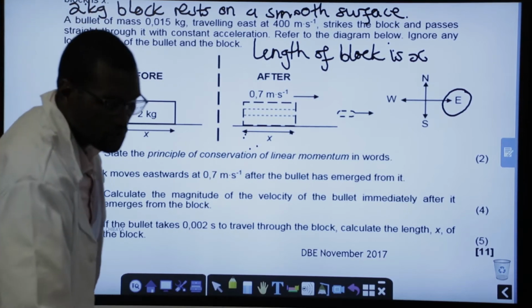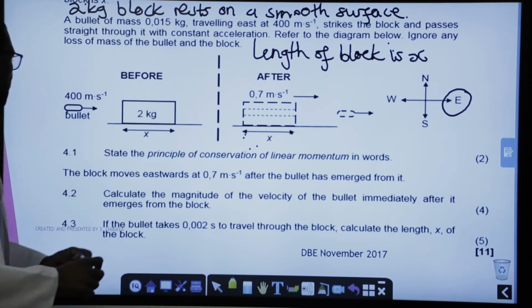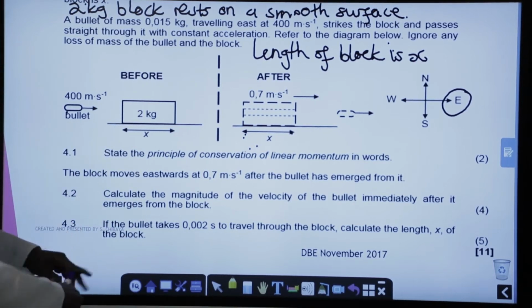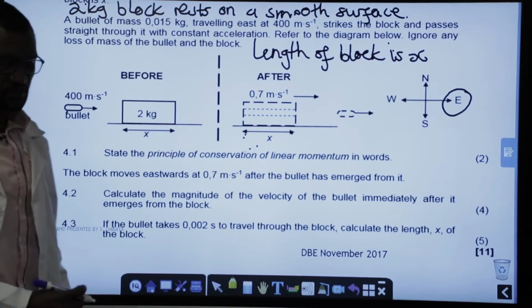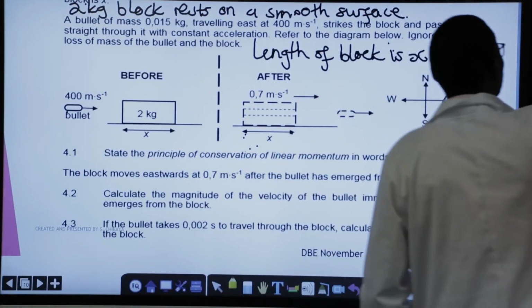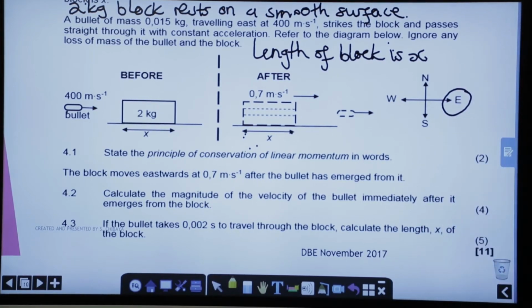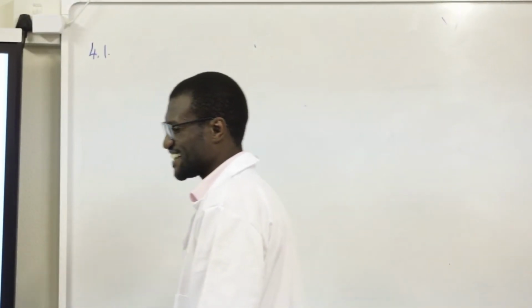So now that we've got an understanding of the question, let's look at the questions that follow. 4.1 states the principle of conservation of momentum. What does the principle of conservation of momentum state? Do you remember it? If you do, it's time that you write it down.